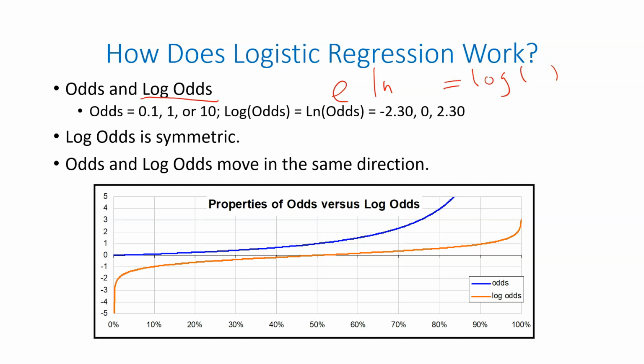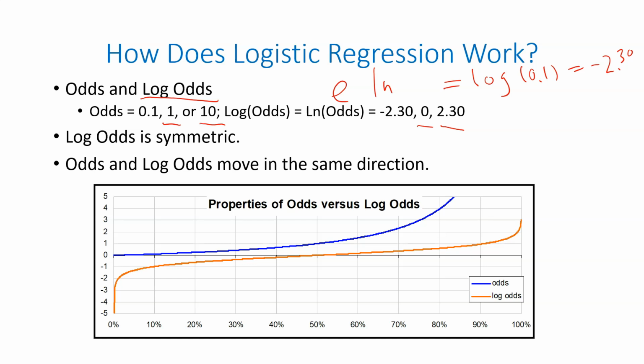For example, the natural log of an odds value of 0.1 would equal negative 2.30, and the natural log of an odds value of 1 would be 0, and the natural log of an odds value of 10 would be positive 2.30.